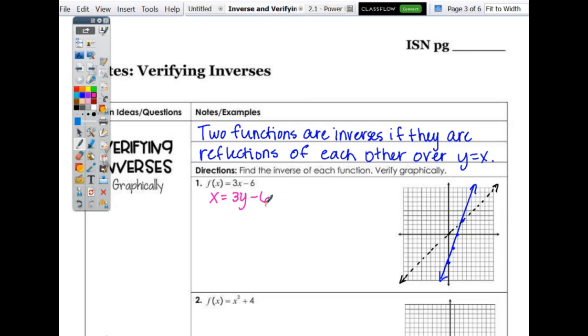So now I'm going to find the inverse. I switch the x and the y. So I'm going to add the 6 and divide by 3. When I graph this, I'm going to start at 2, and I would go up 1 and over 3.